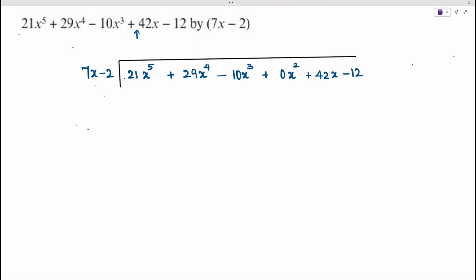So, like we started the previous questions, we're going to compare our 7x to our 21x to the 5. And so 7x times 3x to the 4 is equal to 21x to the 5. And we do minus 2 times 3x to the 4, which gives us minus 6x to the 4.